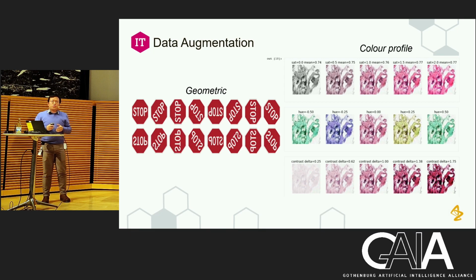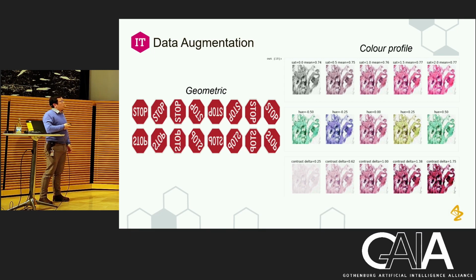In order to improve the robustness of the training, we try to improve the variability of the training data, so we apply online, or on-the-fly, data augmentation. On the left side, you can see we apply geometric augmentation using flipping, rotation, mirroring, etc., all done in a probabilistic fashion.